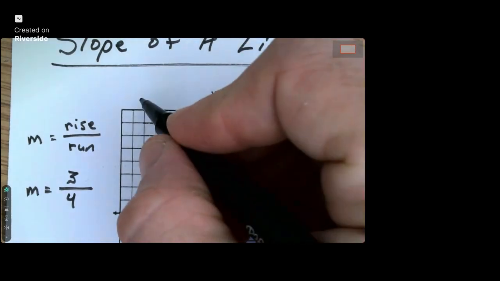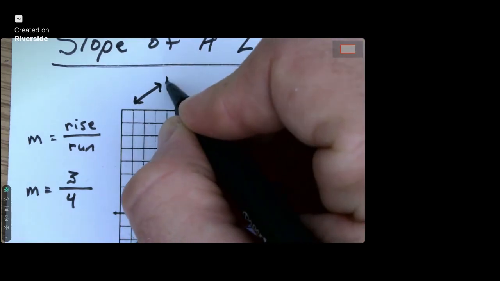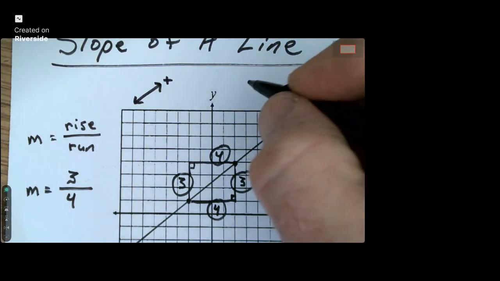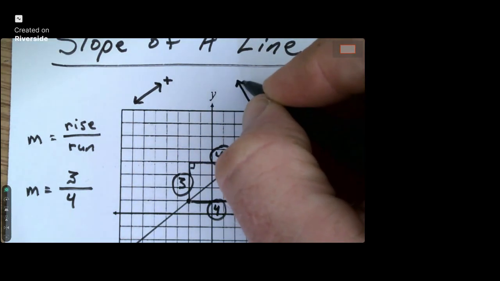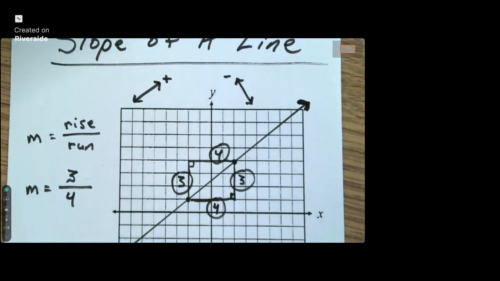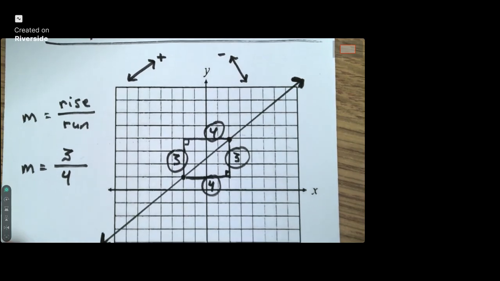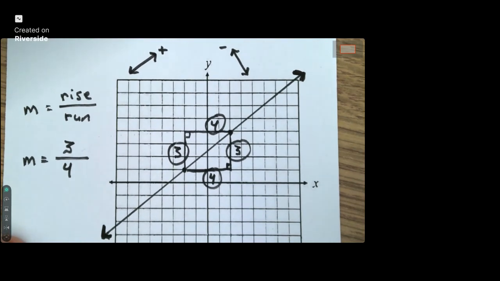The way I like to remember it is a line that goes up and to the right is always a positive sloped line, and a line that goes up and to the left is always a negative sloped line. I just remember it that way. There are some other ways to remember it, but I think that's probably the easiest, shortest, sweetest way.